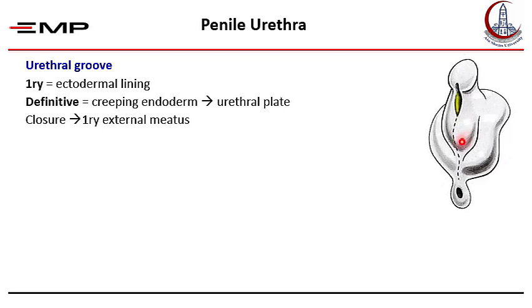And then the two urethral folds become united from caudal to cranial to close the urethral groove, leaving the primary external urethral meatus on the undersurface of the penis between the glans and body.